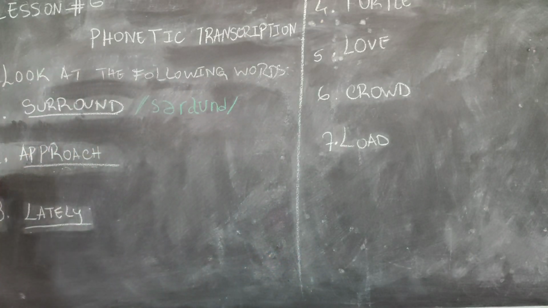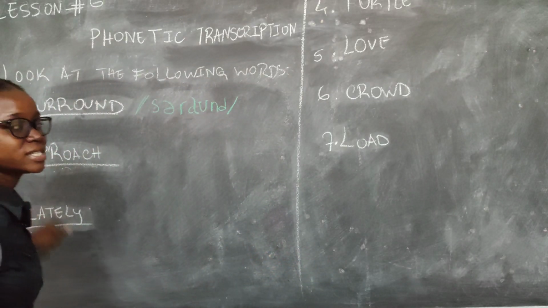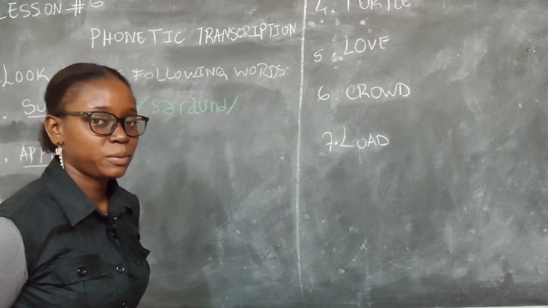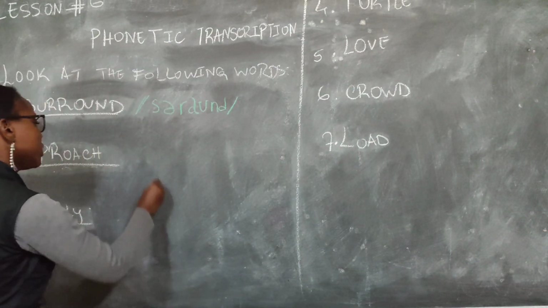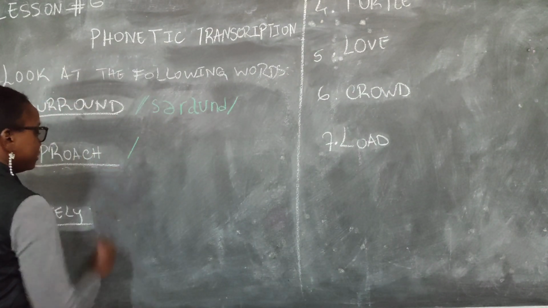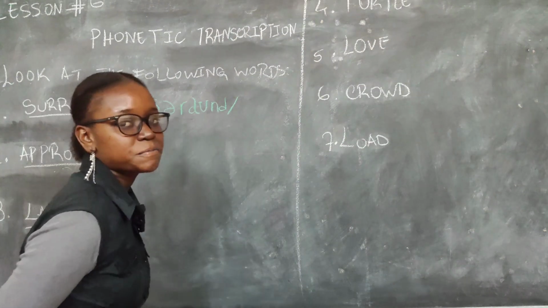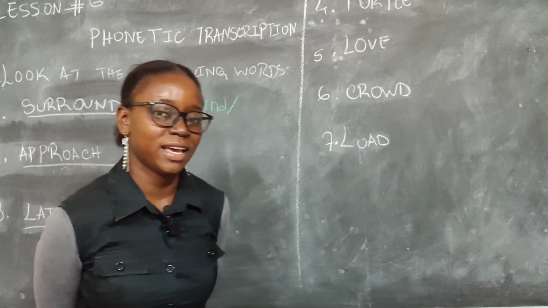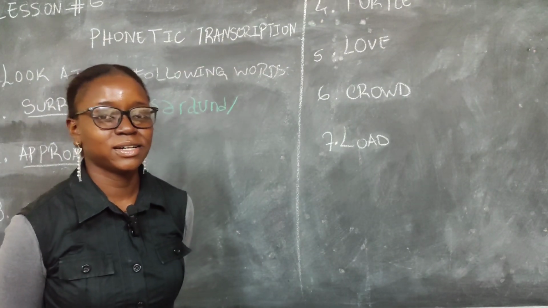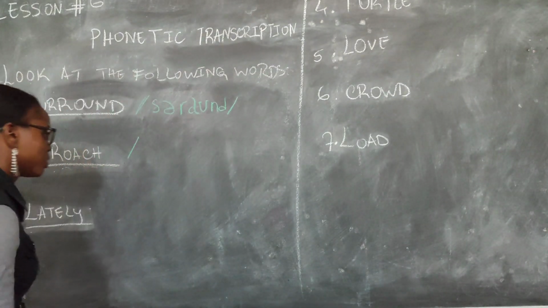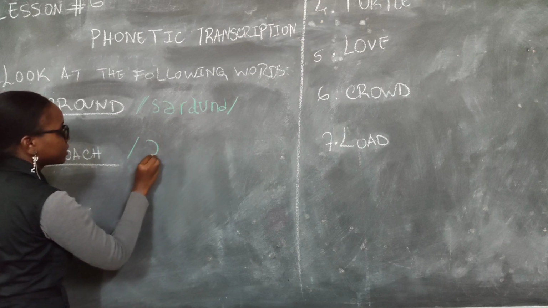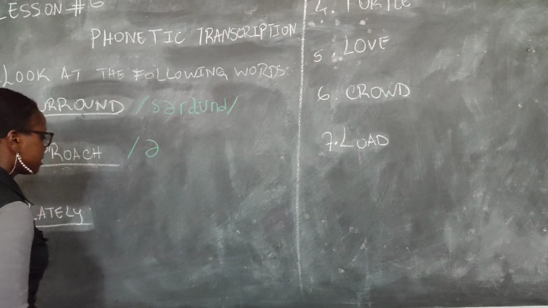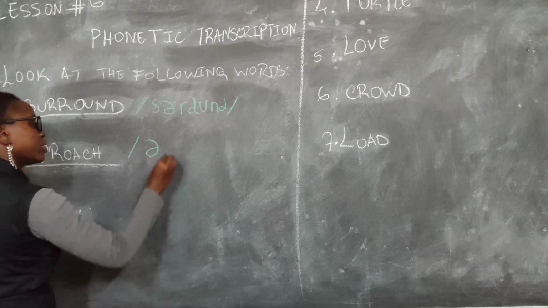So let's move on to the next word, which is approach. Approach. So let's start with the slash first. Approach. What is the first sound that we can identify? Of course, the schwa vowel. What's next? Approach.